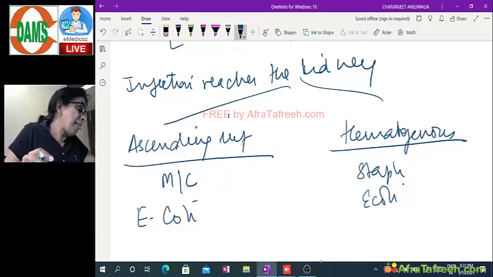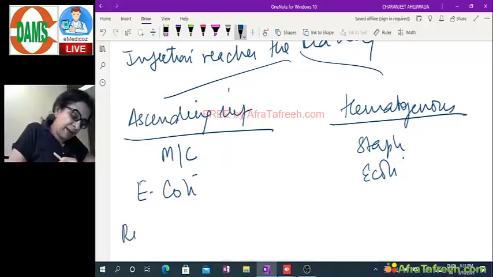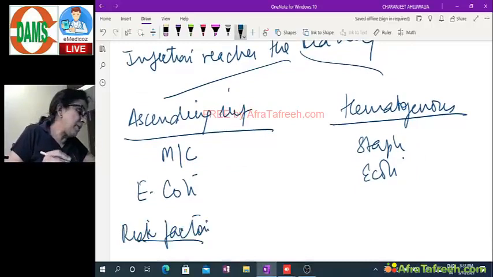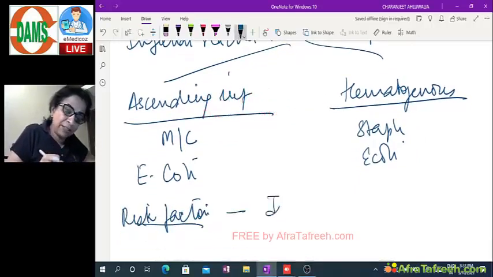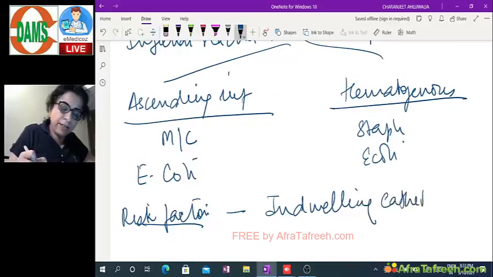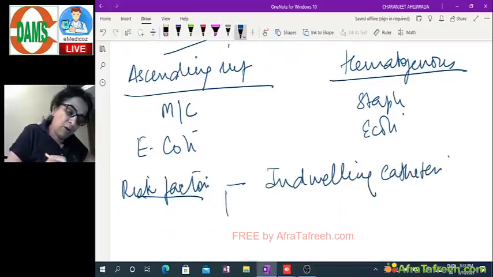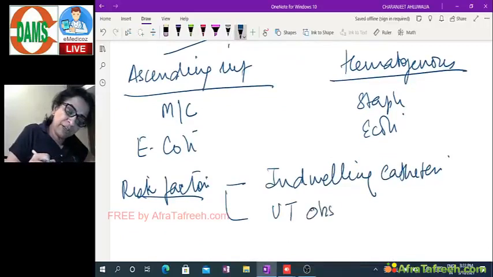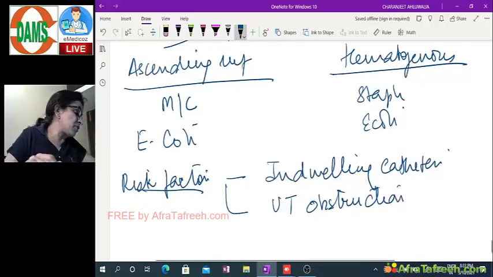Okay, now what are the risk factors for pyelonephritis? Number one, people who have indwelling catheters, or urinary tract obstruction due to stones or cancer, any cause of urinary tract obstruction.